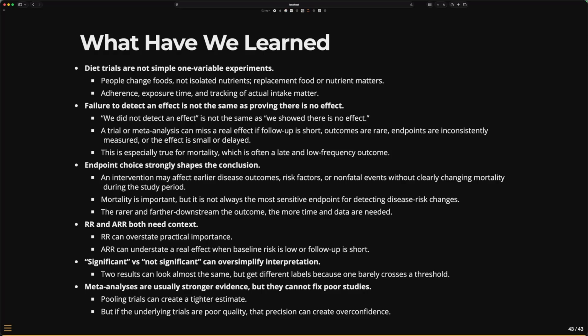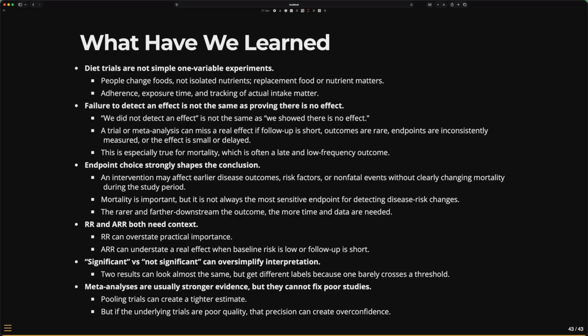And like I said in the beginning, risk ratio or relative risk and absolute risk reduction both need context. Neither of them is free from needing to know about the context surrounding each metric. And significant versus non-significant can overstate or oversimplify the interpretation, as we saw in the Yamada meta-analysis.